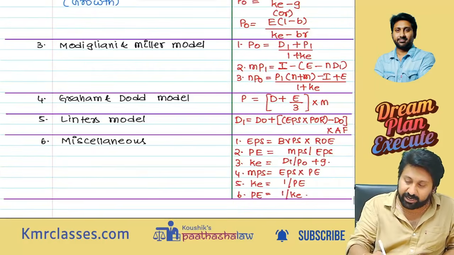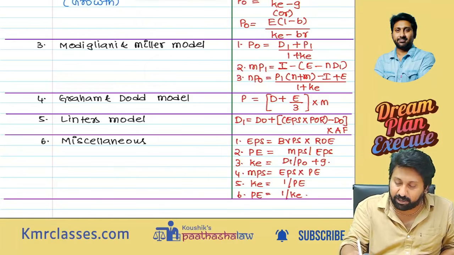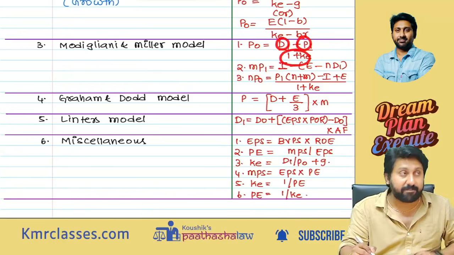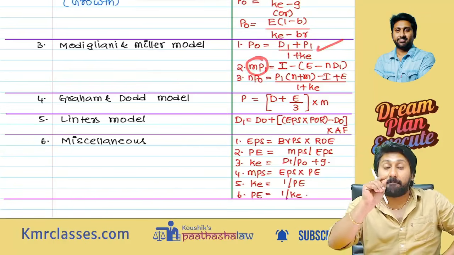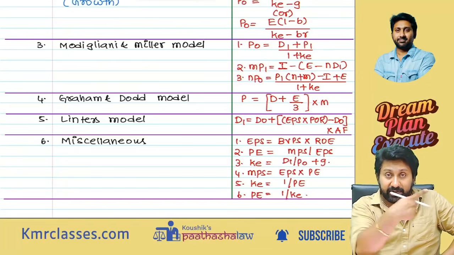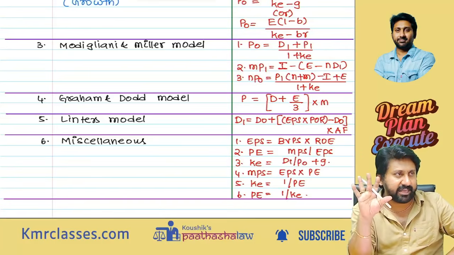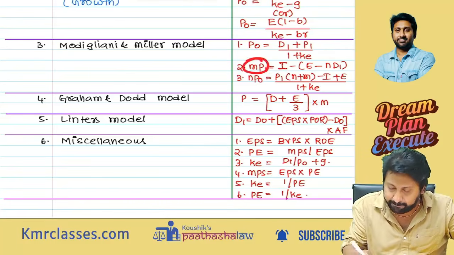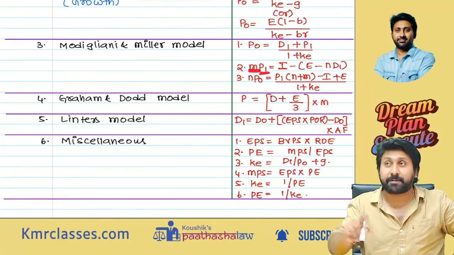Next, Modigliani Miller, 3 formulae, very important. P naught equals D1 plus P1, whole divided by 1 plus KE. This is one formula. MP1, money to be raised by public offer. Recently I did one revision lecture where I told the logic of this formula also. You can see there if you don't have clarity. P1 means price after 1 year.